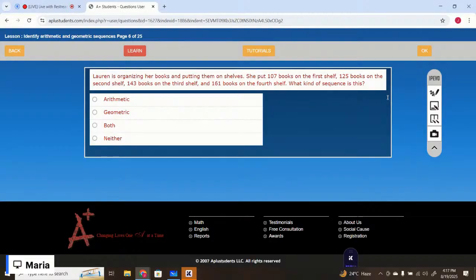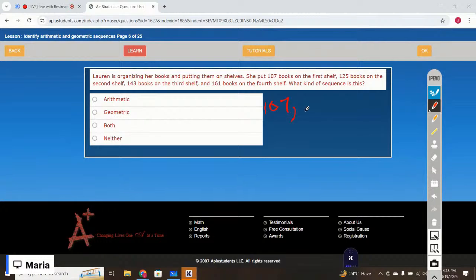Lauren is organizing her books and putting them on shelves. She put 107 books on the first shelf, 125 books on the second, 143 books on the third, and 161 books on the fourth shelf. What kind of sequence is it? 107 plus 18 is 125. 125 plus 18 is 143, and 143 plus 18 is 161.